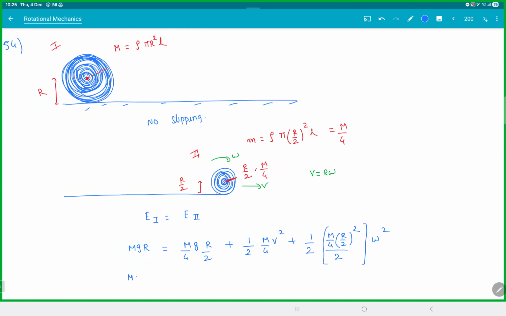This will be mgr. mgr by 8, mv square by 8 plus how much is this? V is equal to r omega. That's mv square, 4, 4, 16, 64.